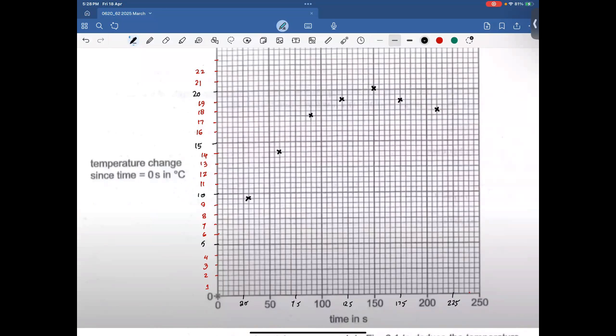Oh, this has to be over 180. At 180, 19. Oh, 175, 180. This is 19. Okay. And this is 210, 180. Okay. So let me sketch this.